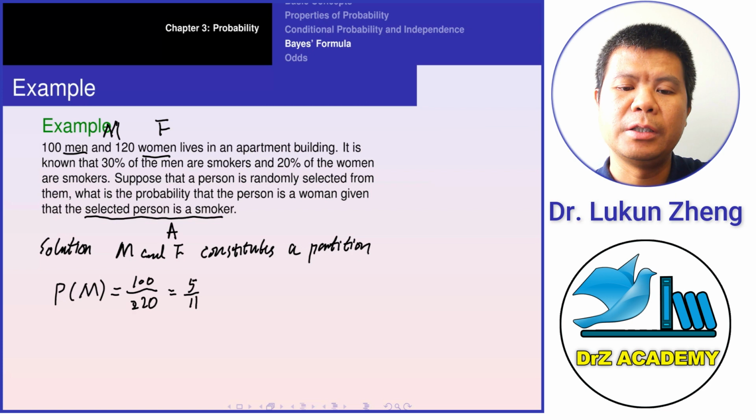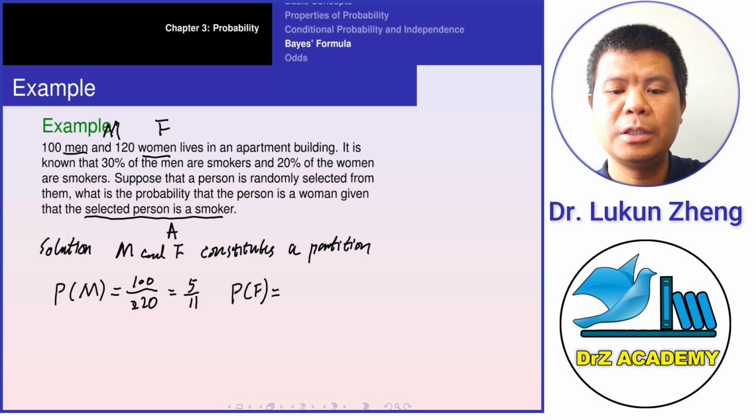And the probability of female is 120 over 220, that's 6 over 11.